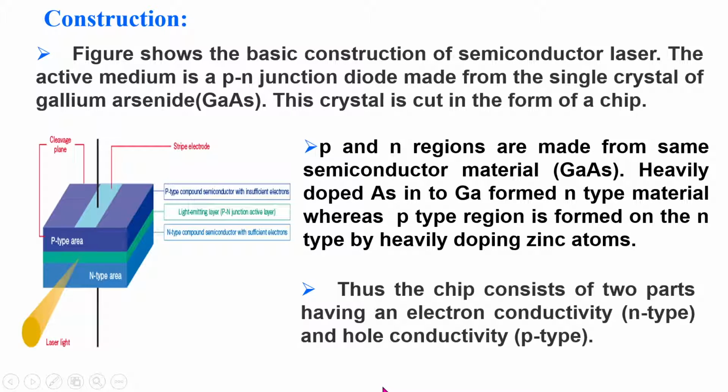Friends, we are going to see in detail the construction of a PN junction laser diode, or simply the semiconductor laser diode. Now see here, this figure shows the basic construction of the semiconductor laser diode.